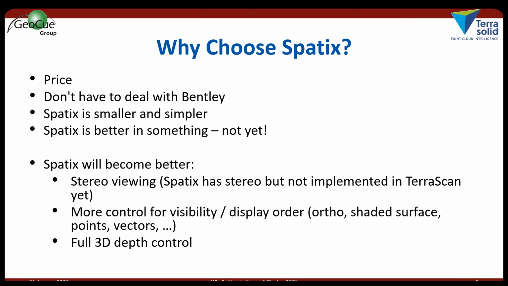So one of the things I always have to remember to do is load TerraPhoto before I load in TerraScan, so that my points load on top of my images. But there will be more capabilities in terms of stereo viewing and some full 3D depth control that we've not been able to get out of the MicroStation products to date. So there's a few reasons.